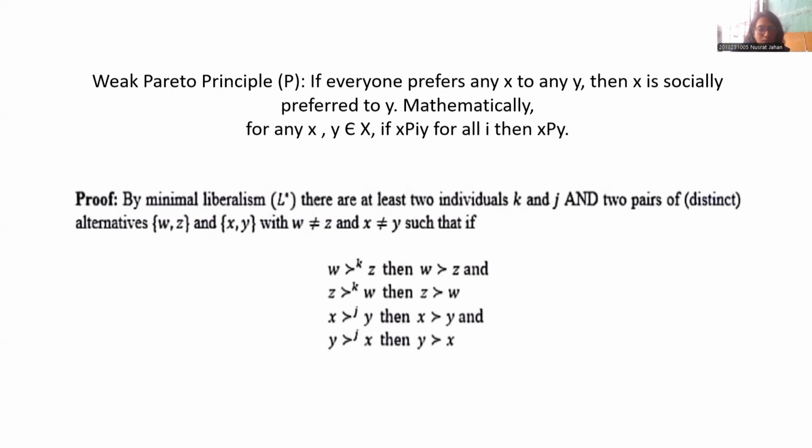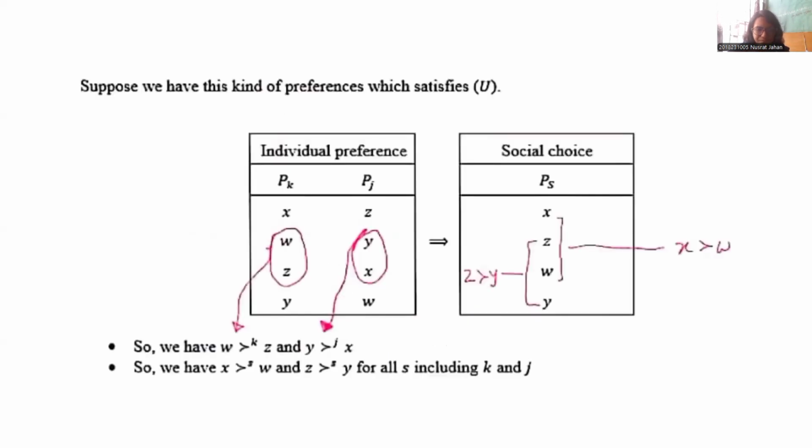The same goes for individual J: if X is preferred to Y by individual J, then X is socially preferred to Y. So we have these kinds of preferences.